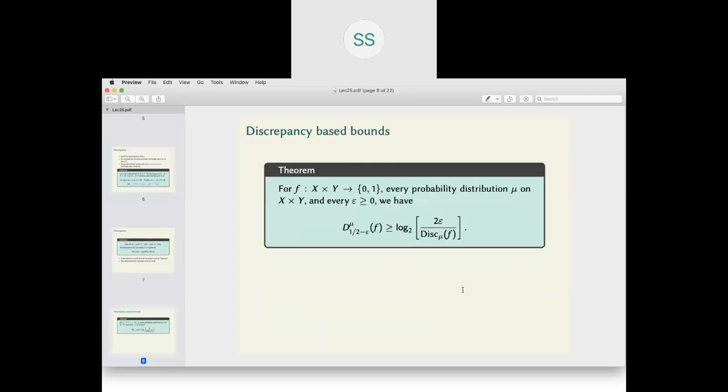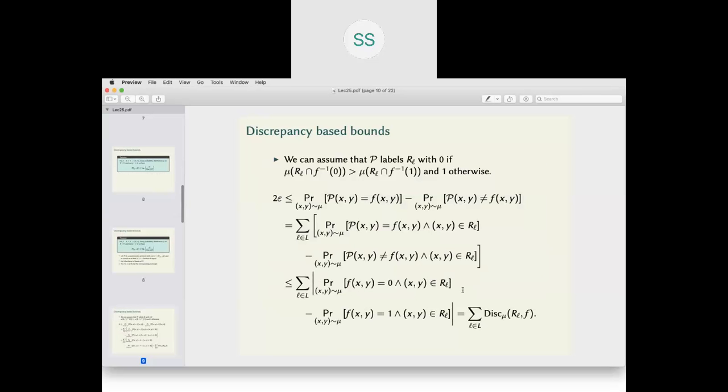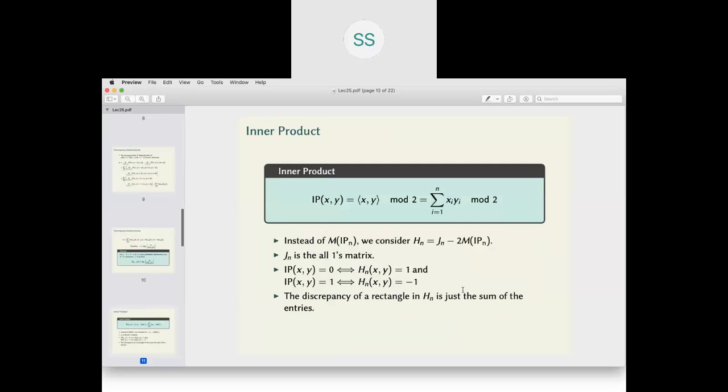And we had this discrepancy based bound where for matrices of low discrepancy, or functions of low discrepancy, this gives you a better bound on the distributional complexity, right? And we saw the proof of that.